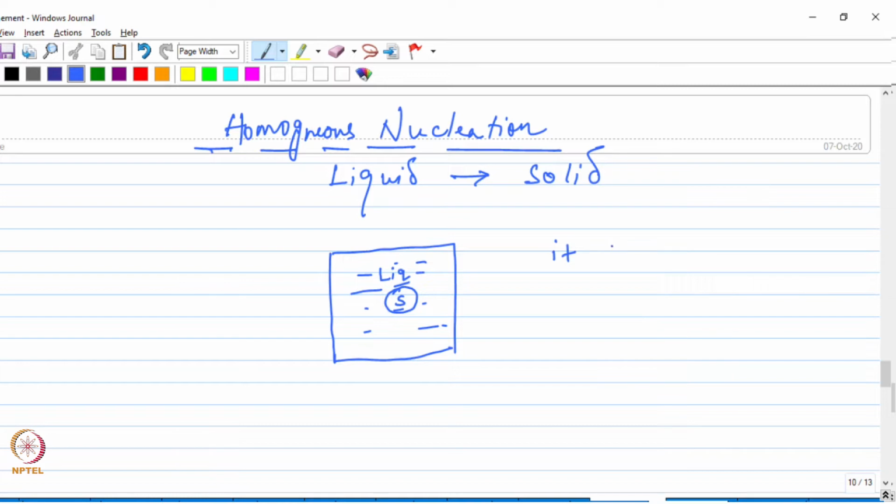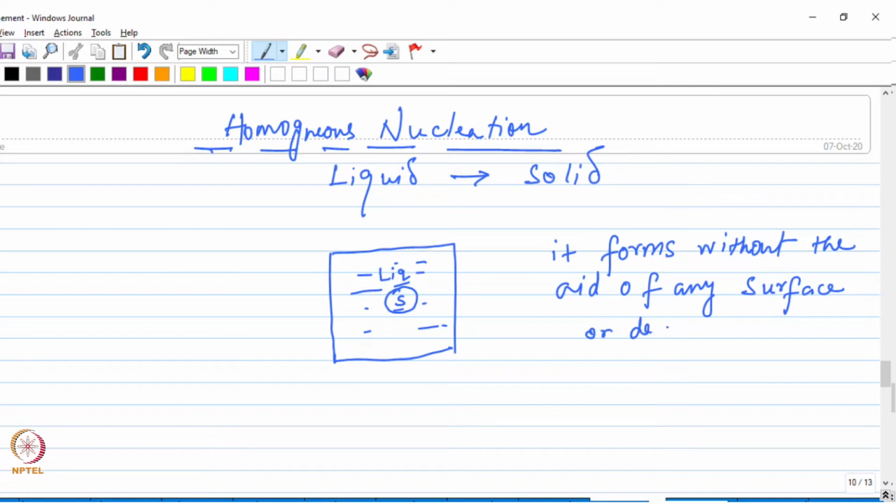It forms unaided by any surface or defects. As the solid particle forms, an interface between the solid and the liquid is created.